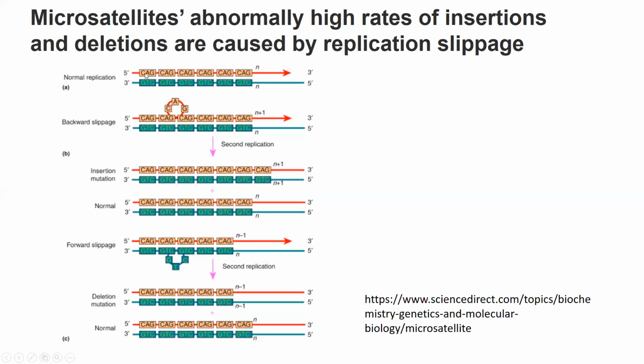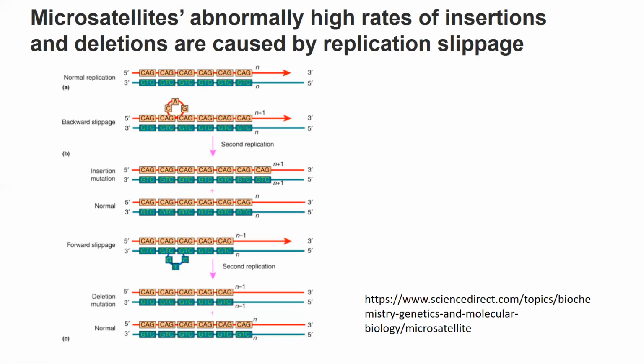If everything goes well, the DNA polymerase will incorporate all those nucleotides and generate a new strand based on the template. So here you have 1, 2, 3, 4, 5, 6 copies of CAG. That's normal replication.